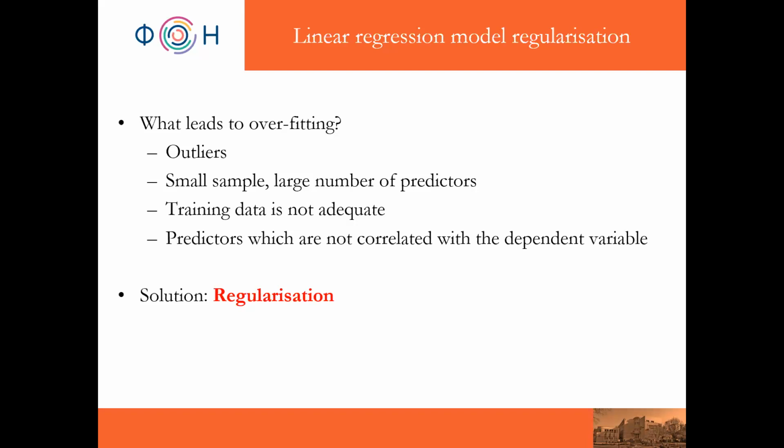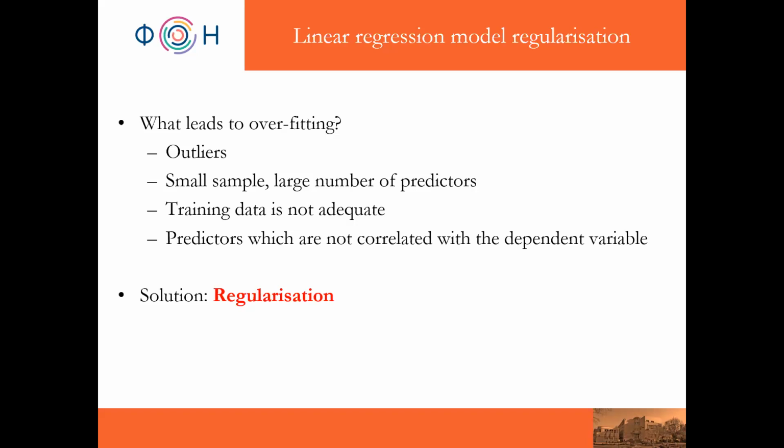Okay, so the next issue which can lead to overfitting is the situation when we have a small sample and a large number of predictors. This can usually happen in, let's say, medical research, when you have small samples, a small number of patients within a survey, and a large number of predictors which you are dealing with.